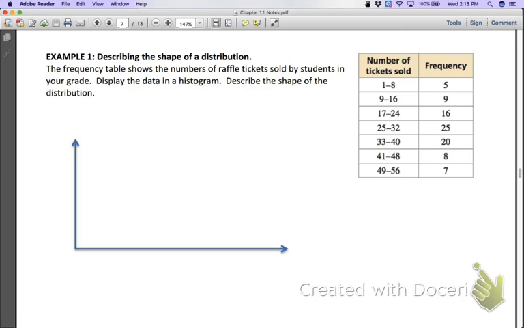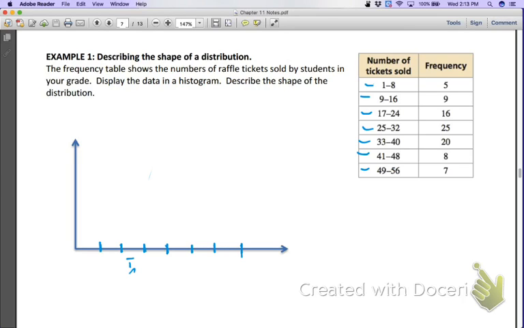So we have 1, 2, 3, 4, 5, 6, 7. I would want to give myself 7 even spots.